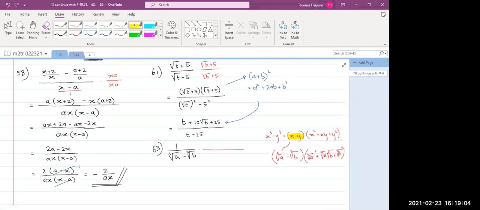And that's why the hint in our textbook is multiply by this. Okay, that's the missing factor to invoke difference of cubes. So from here, I will multiply by cube root of a squared plus cube root of a times cube root of b plus cube root of b squared.